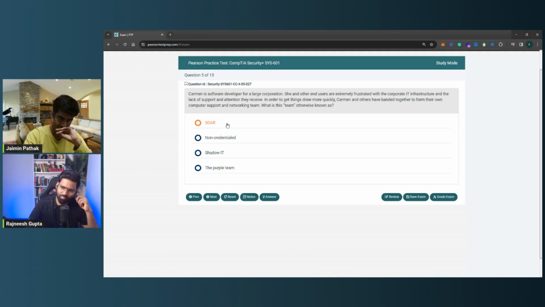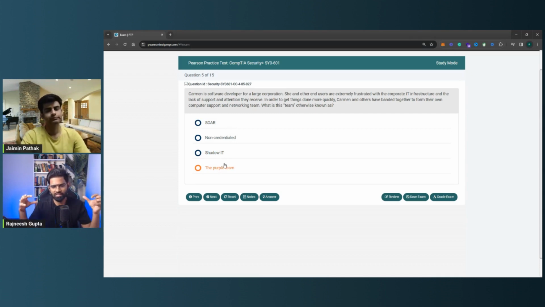Anyways, we call it shadow IT, where there are some groups created which are unknown to the higher management or to the overall IT infrastructure team management, CTO, CISO, CIO. So nobody knows about that team. Shadow IT teams can be independent, or they use their own software, own tools for managing the activity. Those tools might not even be known to the higher management, right? So I think, Jamin, this should be the right answer, isn't it? Right. Agree.